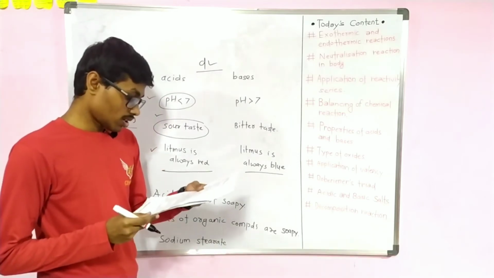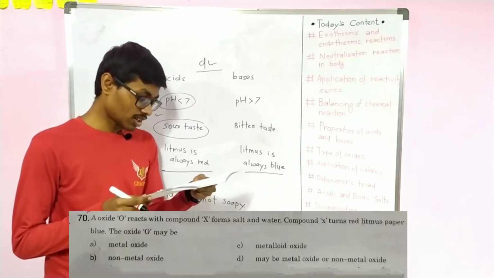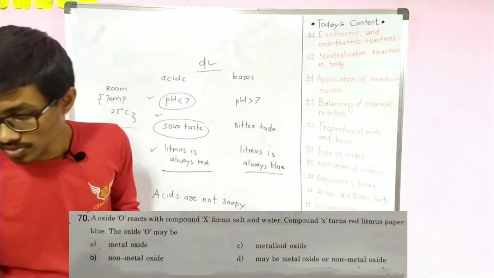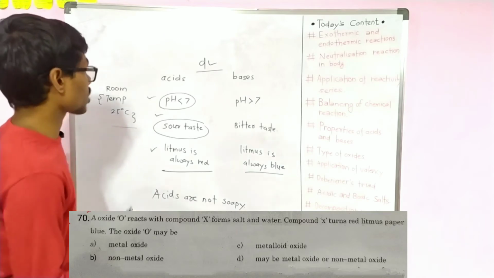Now, next question, they have given us an oxide. The question belongs to types of oxides. Now, there are three main types of oxides.